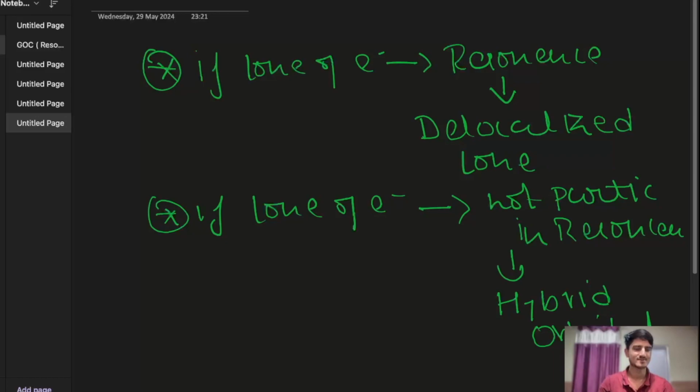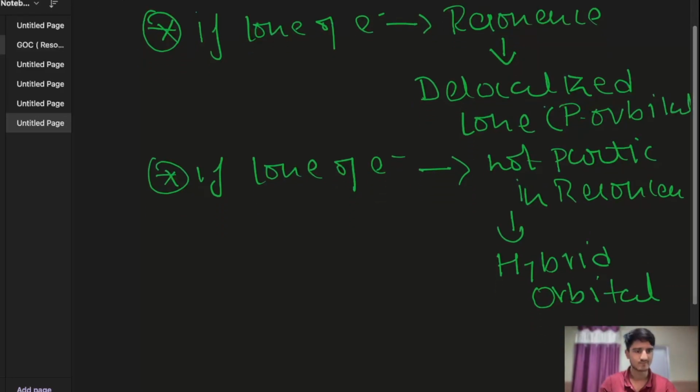If its hybridization is, let's suppose, sp2, then it will be present in an sp2 hybrid orbital, and in the other case the lone pair is present in a p orbital. That's why those are participating in resonance effect. Hybrid orbital: if lone pairs of electrons are not participating in resonance, then it means it will be present in a hybrid orbital and called a localized lone pair.